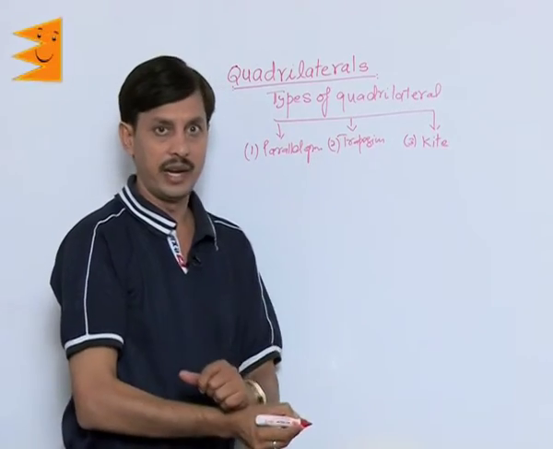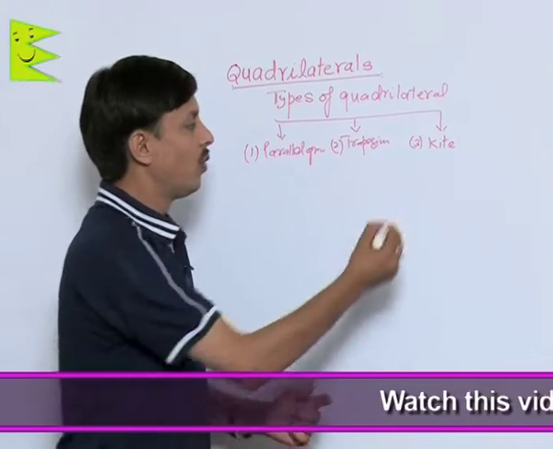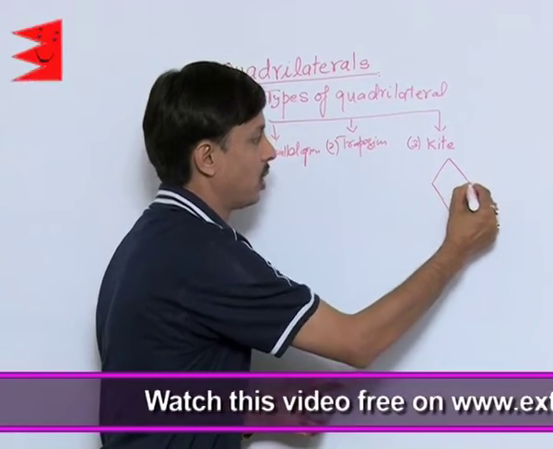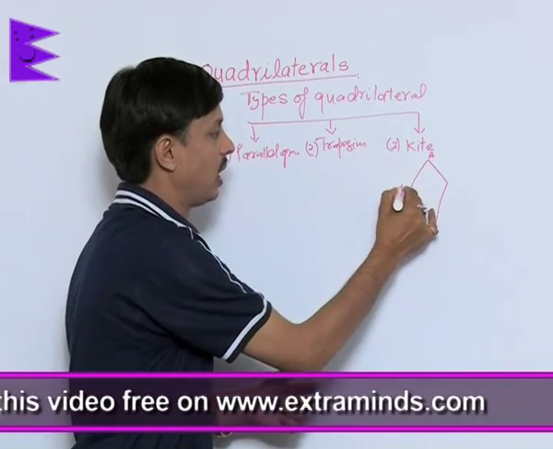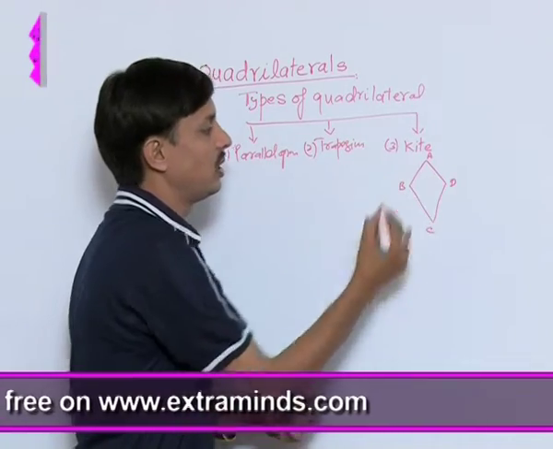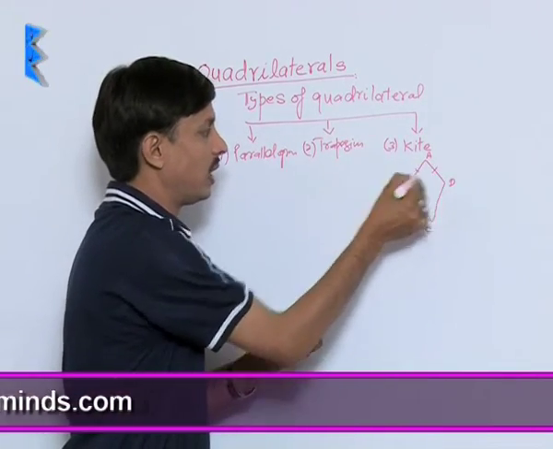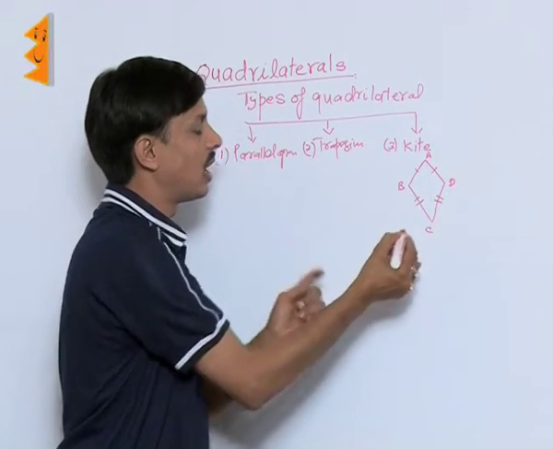What is the kite? Kite is that kind of quadrilateral where you can observe two pairs of equal sides. This is ABCD, I can say it is a kite because AB and AD are equal and BC and CD are equal.